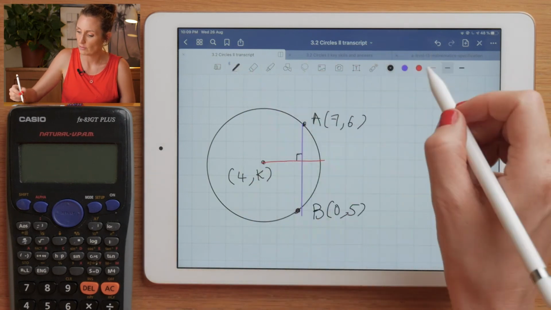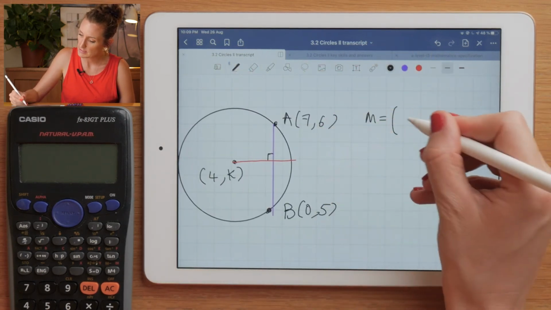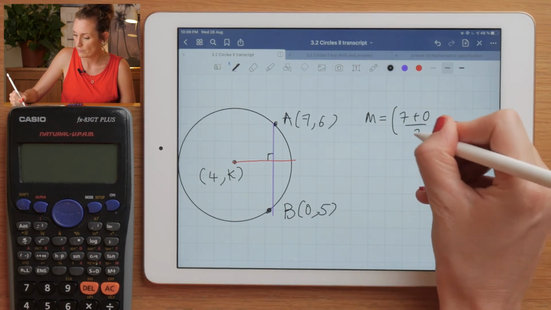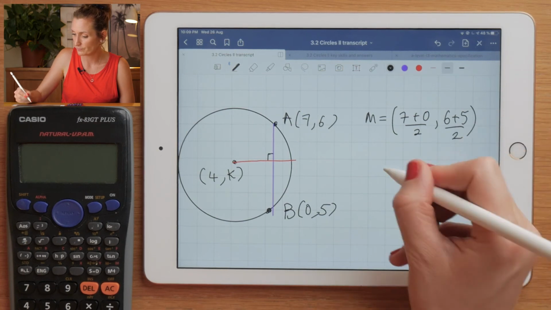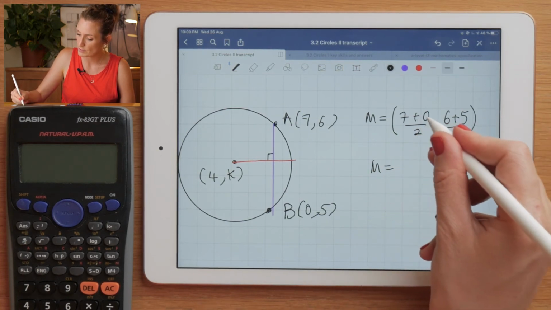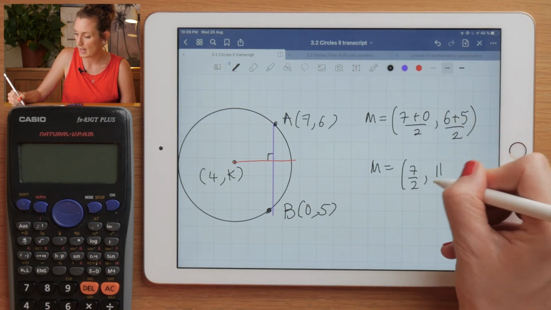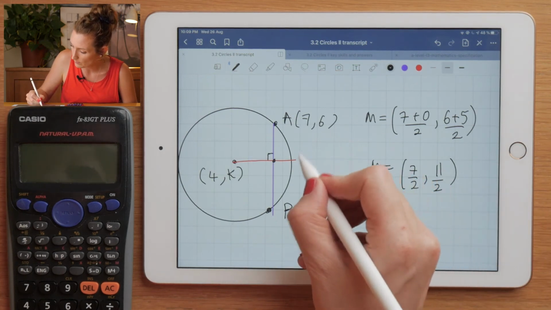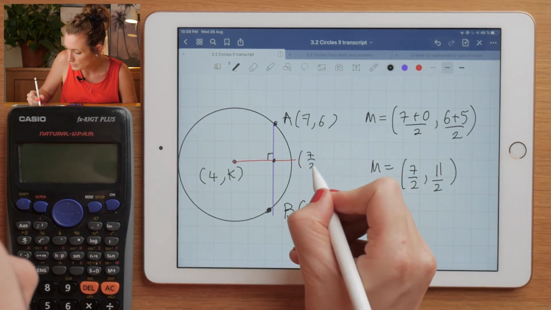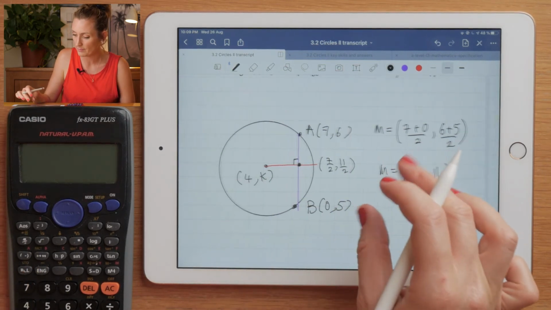Let's start by getting the point on the line, which is going to be the midpoint. The midpoint is going to be 7 plus 0 divided by 2 and 6 plus 5 divided by 2. So 7 plus 0 is 7 divided by 2, so that's going to be 7 over 2. And this one's going to be 11 over 2. So now we've got a point on the line. Okay, we can pencil it in. 7 over 2 and 11 over 2. That's going to be that point right there.